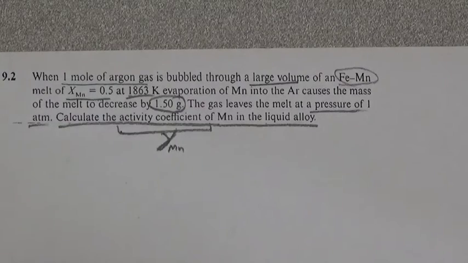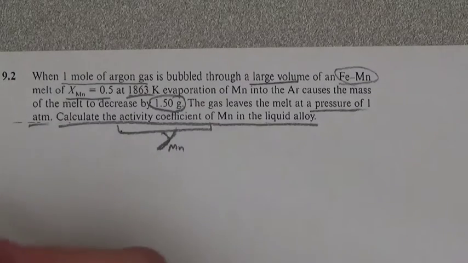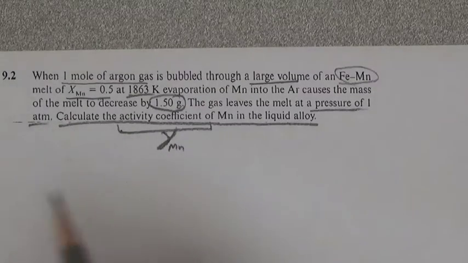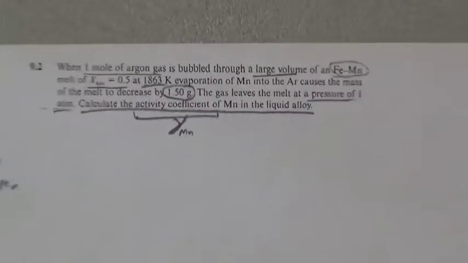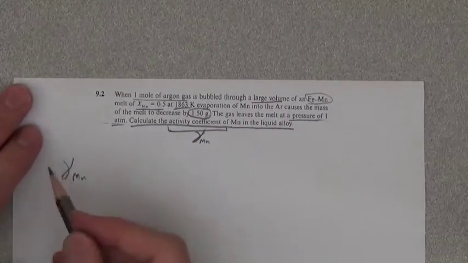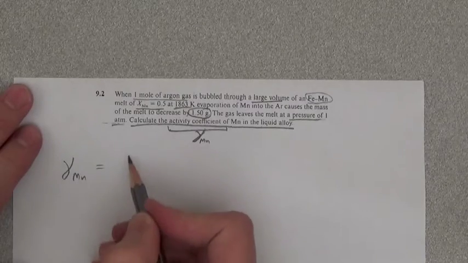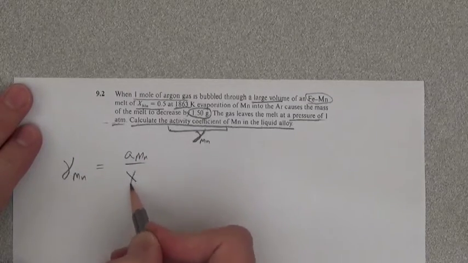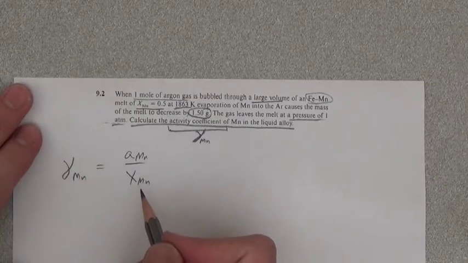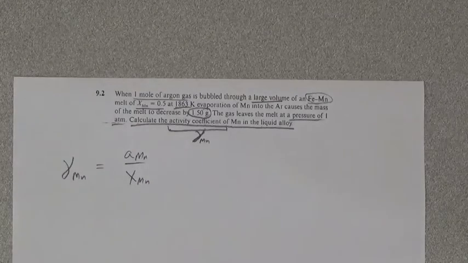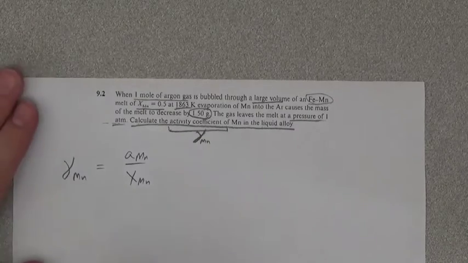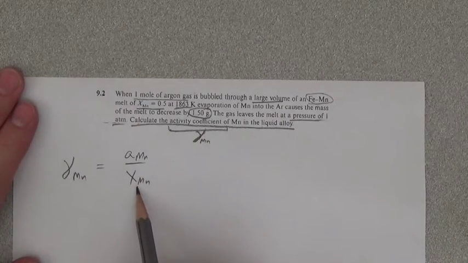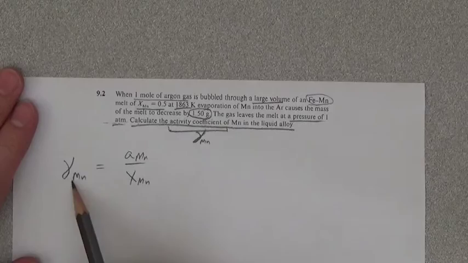Okay. So gamma of Mn is equal to the activity of Mn divided by x Mn. We know that's 0.5, so for us to determine it we need the activity.